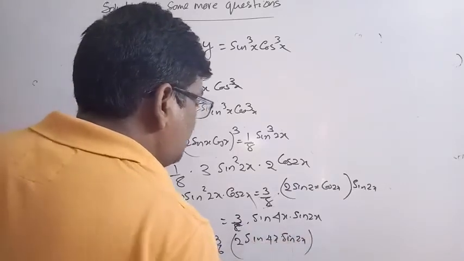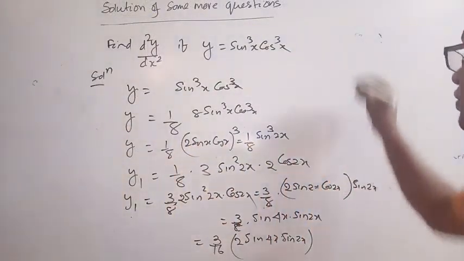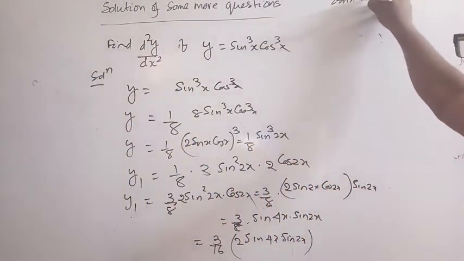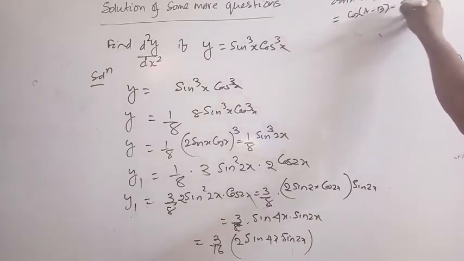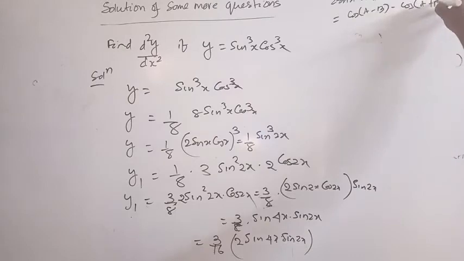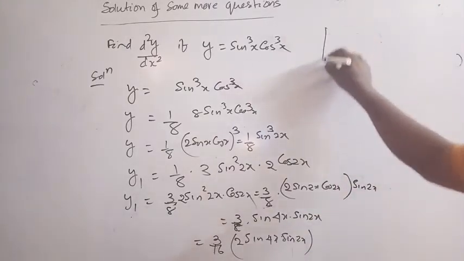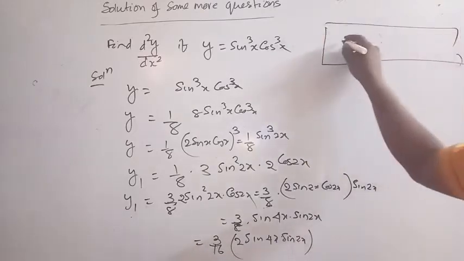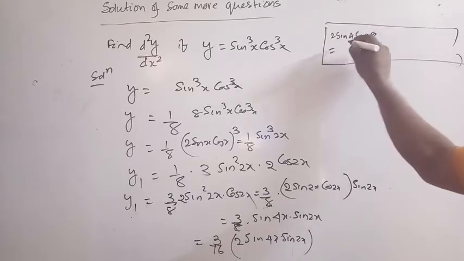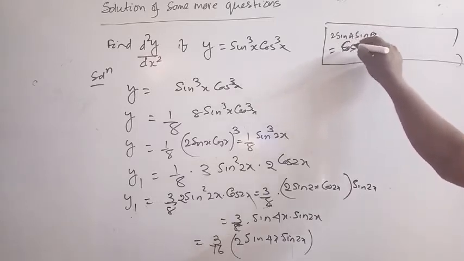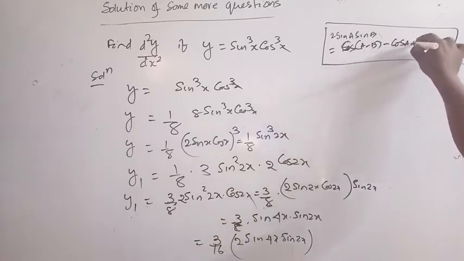The 2 sin A sin B formula. 2 sin A into sin B means cos A minus B minus cos A plus B. This is the formula.